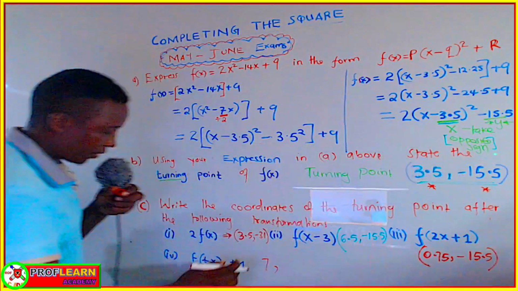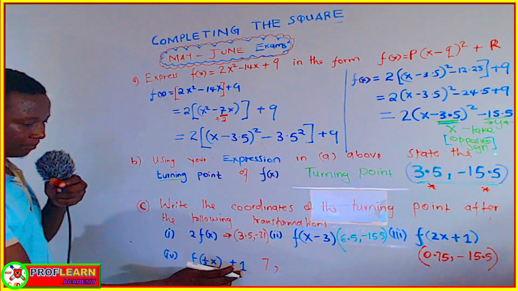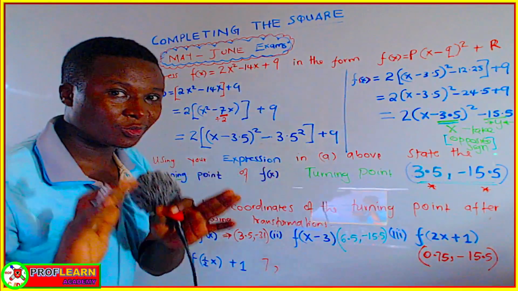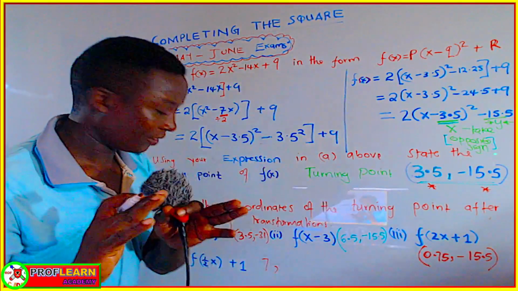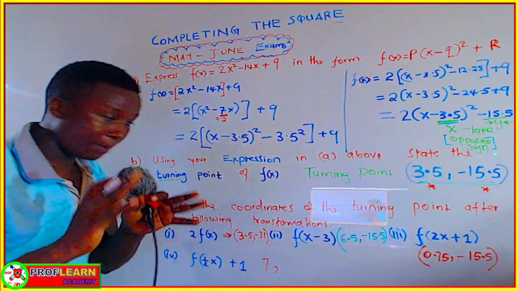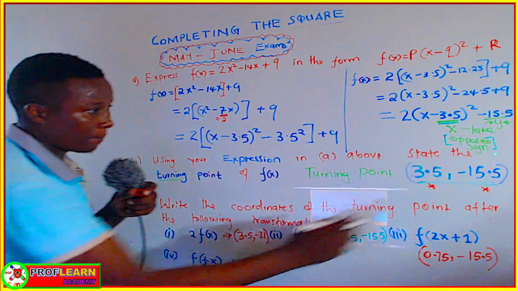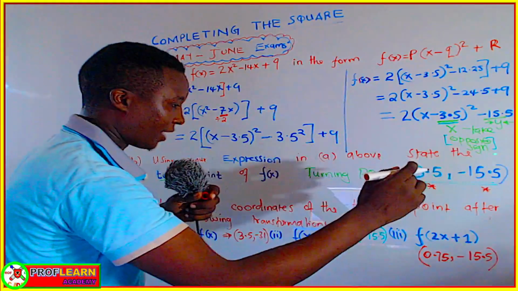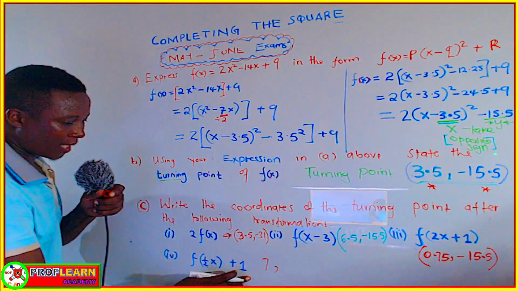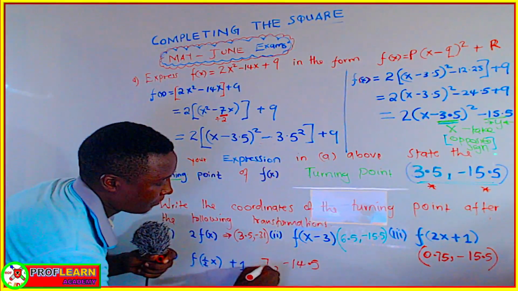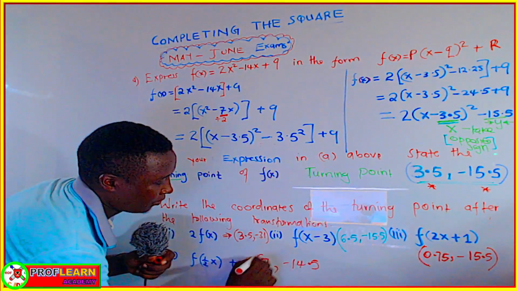But on the y coordinate it is plus 1. Usually on the y coordinate you do what the transformation is telling you. You don't do the opposite. If it's plus 1, you say plus 1. But inside the bracket, remember you do the opposite. So this is going to be negative 15.5 plus 1, which gives us negative 14.5. And now this becomes the new coordinate.